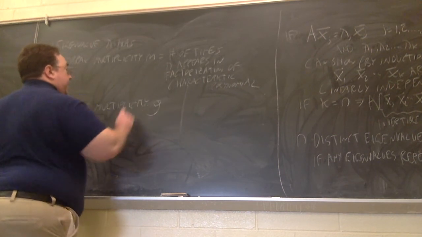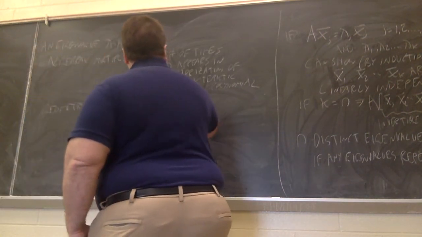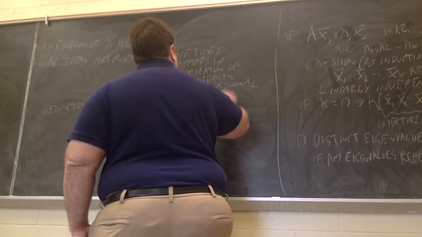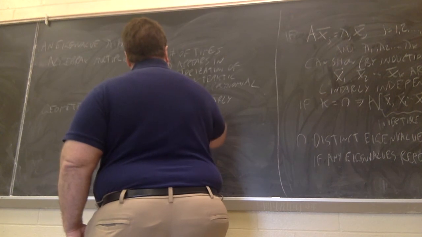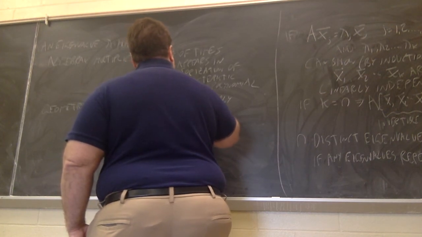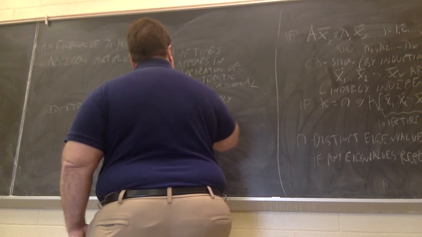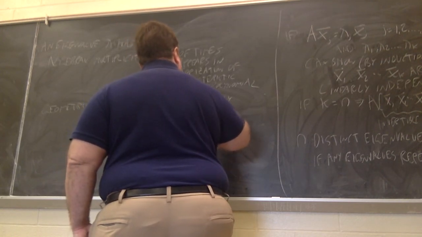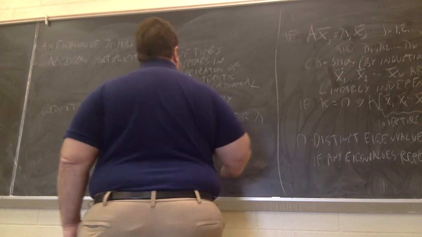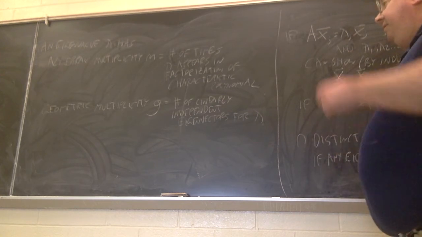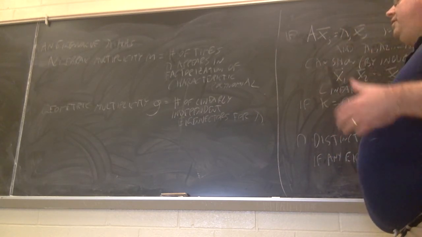I'll call it G. And that is equal to the number of linearly independent eigenvectors that this eigenvalue has. So an eigenvalue will always have at least one linearly independent eigenvector. It might have more than one.